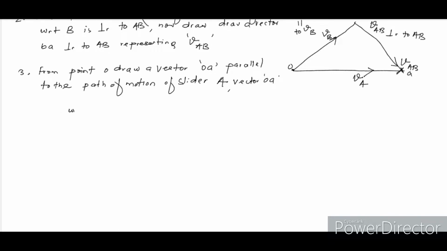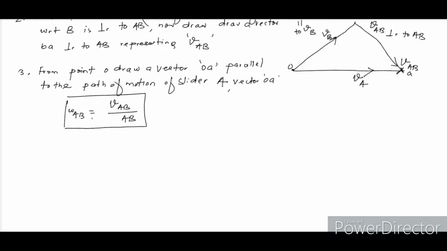So once you get this VAB, then omega AB you can find out using the relation VAB divided by AB, isn't it?